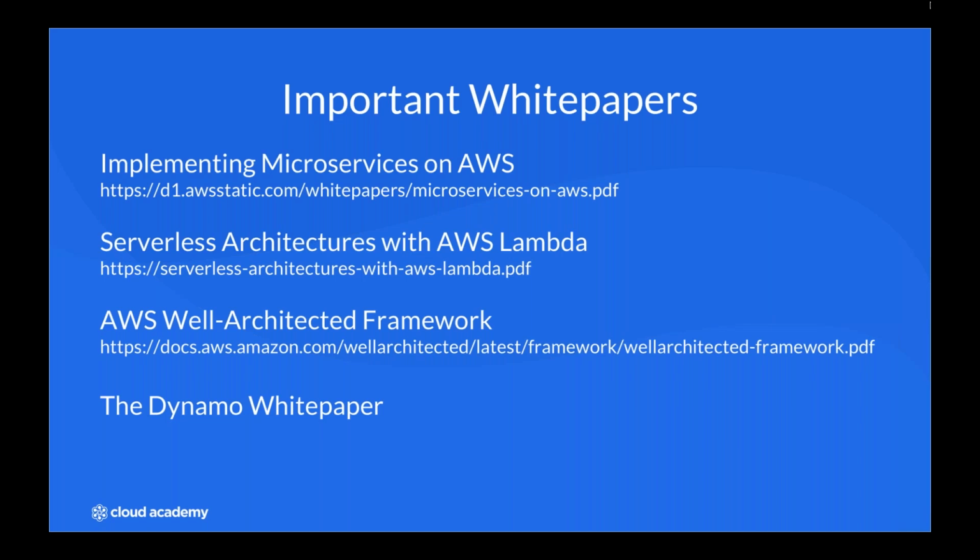And then finally, I don't have a link for it because it's a little bit on the older side. If you haven't read the Dynamo white paper, this was one of Werner Vogels' first published papers working for Amazon. It outlines distributed databases, which ends up becoming the DynamoDB service, and describes that in detail.